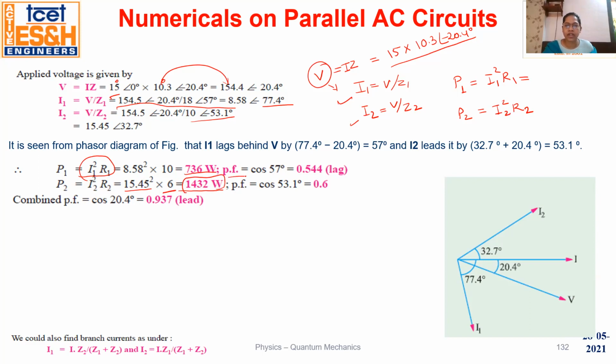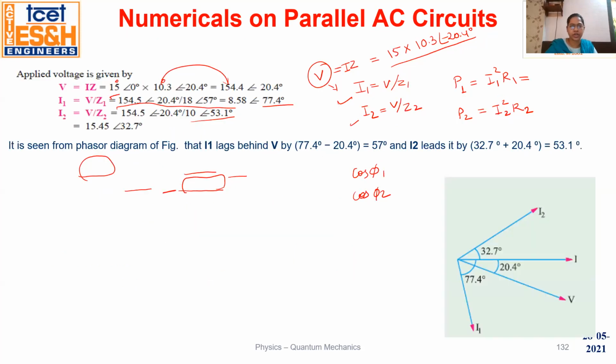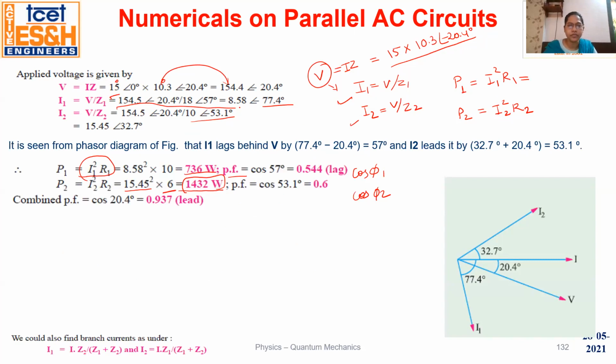Okay. Now the power factor in both branches. We have the angles phi1 and phi2 with us, so we put them in cos. In the previous slide, we have not calculated phi1 and phi2 here. This is 53.1, which is phi2 for the second branch, and here 77.4 for the first branch.